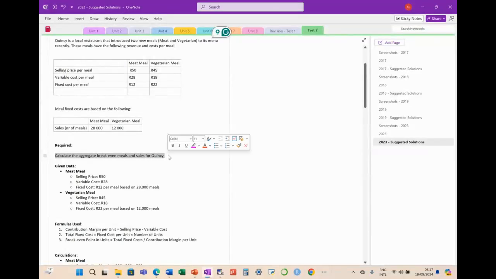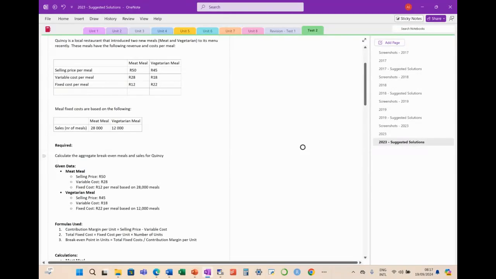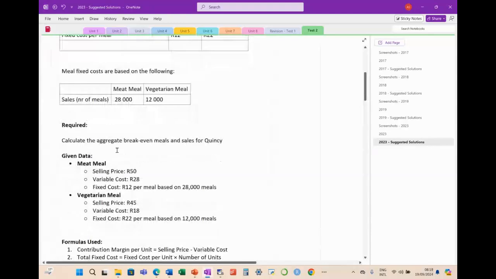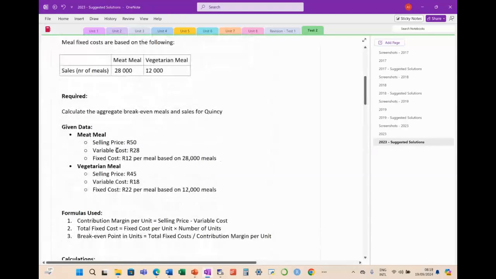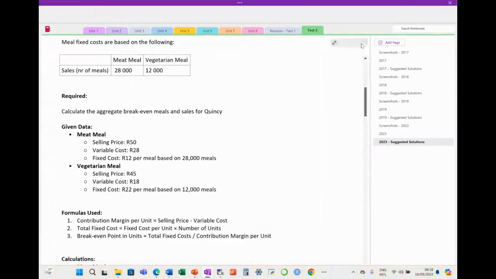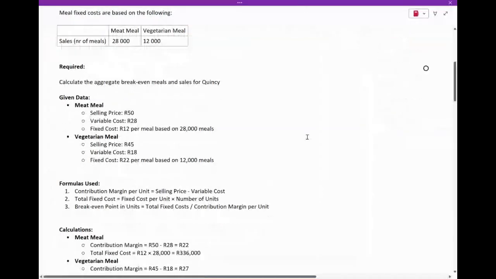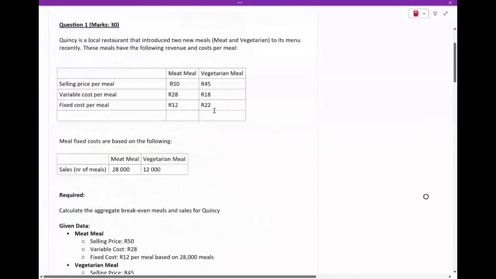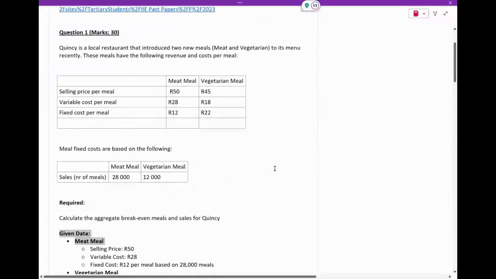Under the required, they're saying calculate the aggregate break-even meals and sales for Quincy. Let me zoom in and expand this so you can see better. You aren't given anything below the required. That's all my own things. This is all that you've been given.